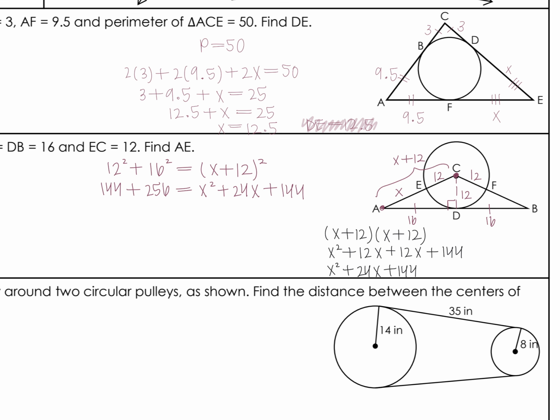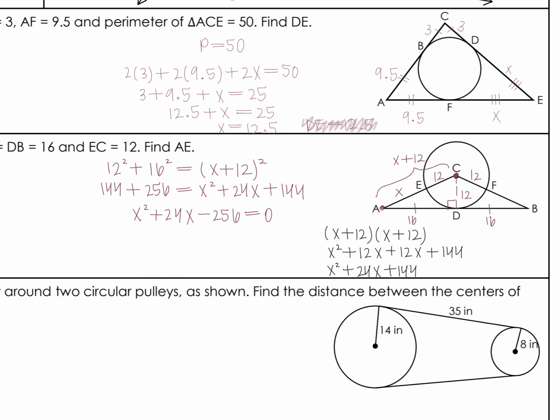All right, and what I can do here is factor if I set this equal to 0. So I'm going to move everything over so that I have 0 on the left side. And I'm going to get x squared plus 24x minus 256, because that 144 will cancel out with the other one. It's going to be equal to 0.